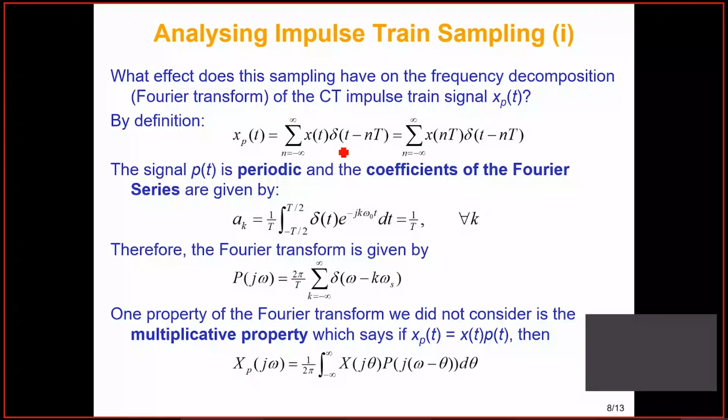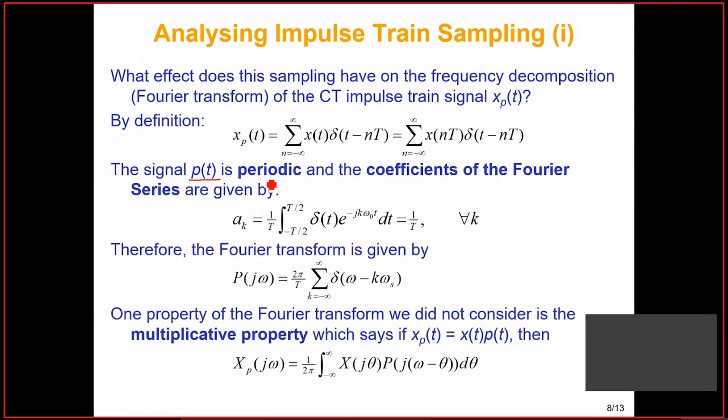Now talking about p of t and covering the second aspect, which was seeing it in the frequency domain. The first thing that we see is that p of t is a periodic function. These are just impulses which are repeating after time period T. Because these are periodic, we can write a Fourier series for that, because Fourier series is for a periodic signal or function.